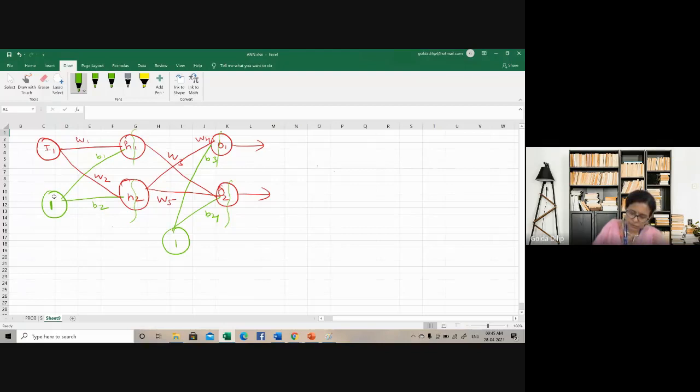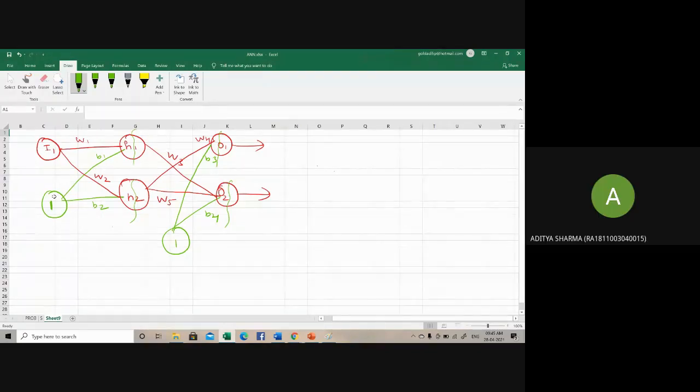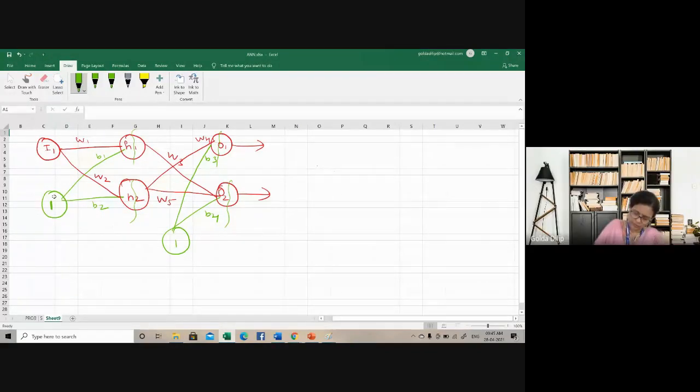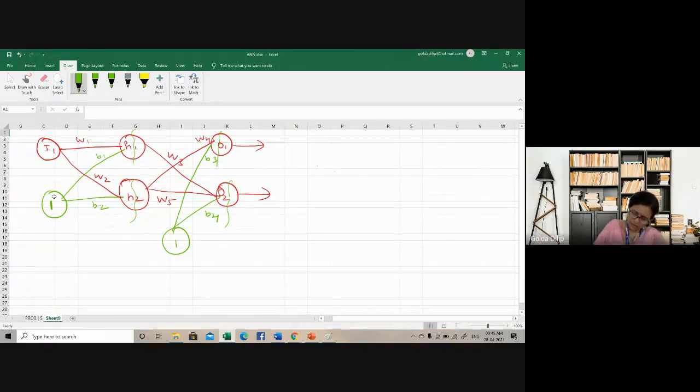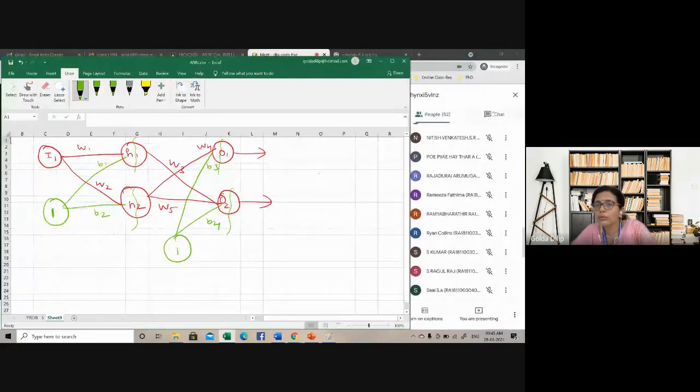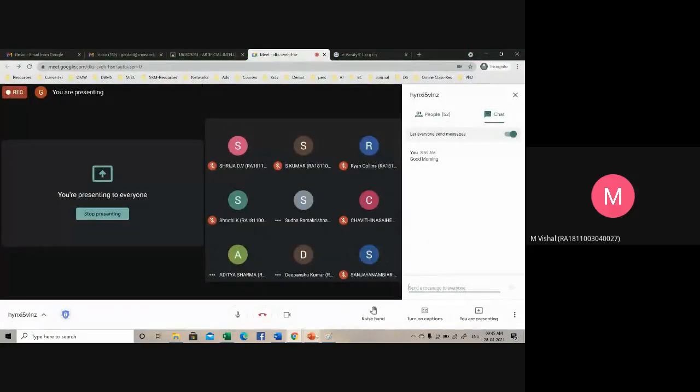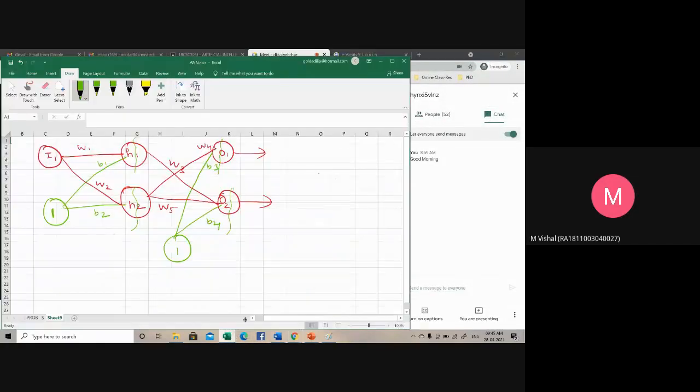Okay, so 15. Aditya? Present, ma'am. Sudha? Present, ma'am. Sanjay Kumar, present, ma'am. Deepanshu, present, ma'am. Vishal. Is anybody putting any message in the text window? No, right? Vishal is absent. No, I'm present, ma'am. Vishal is present. Okay. Srinjay, present, ma'am.